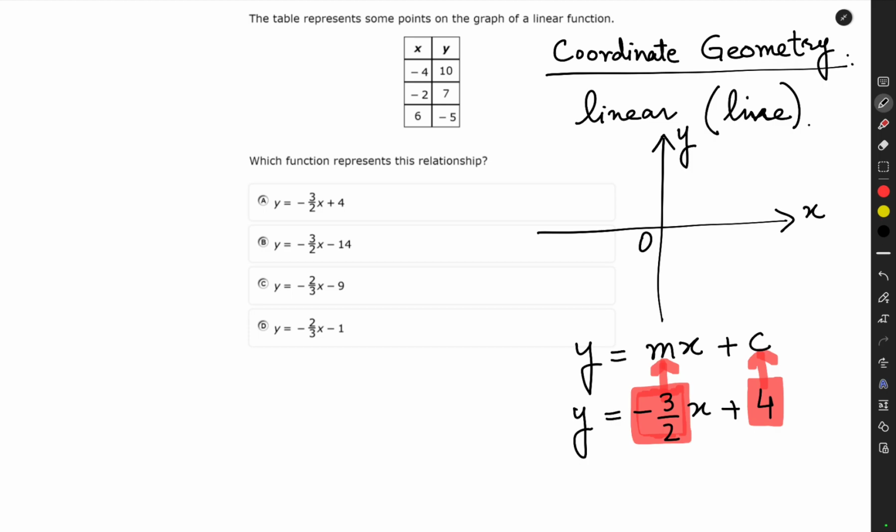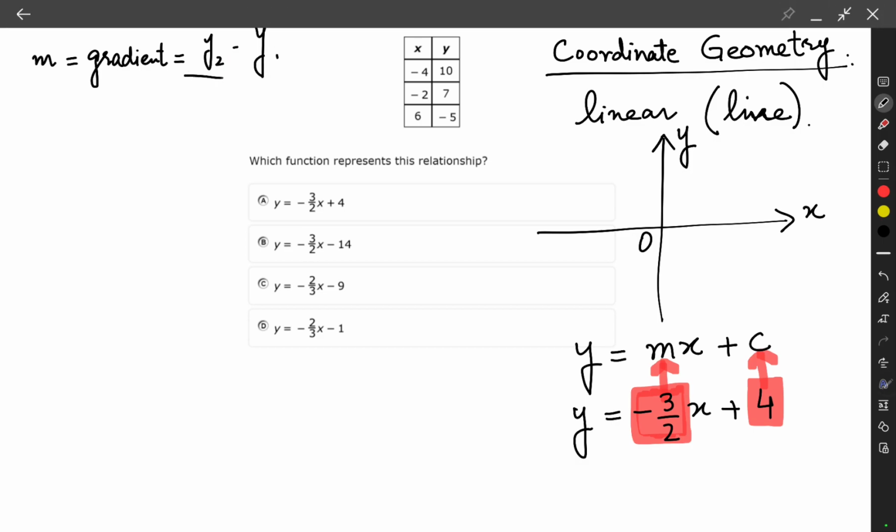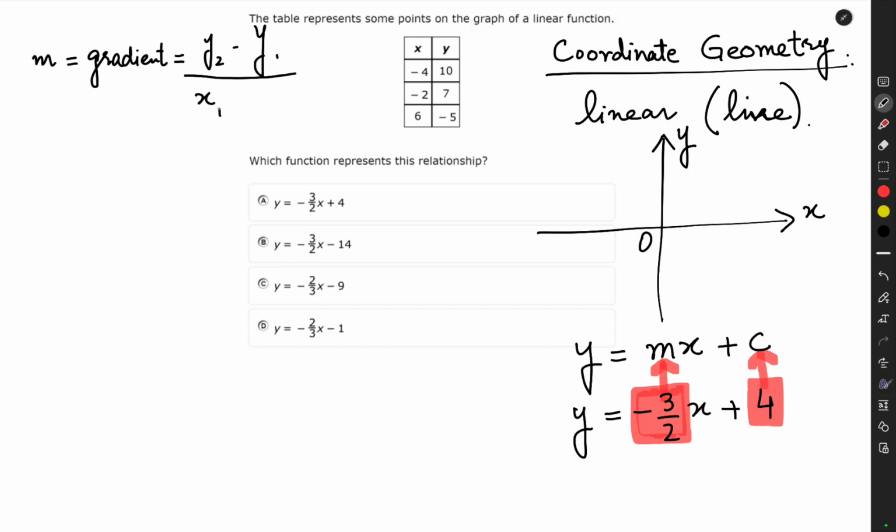And now I want to choose which option these points represent. All right, for which we need 2 things: m, which is the gradient of a line or the slope of a line, and we can find it by using a formula y2 minus y1 over x2 minus x1.